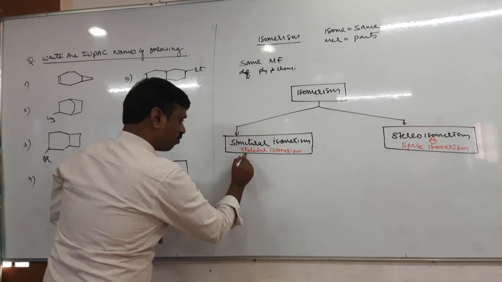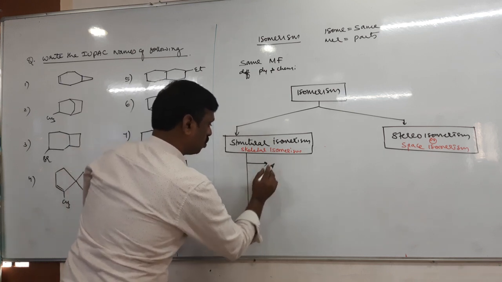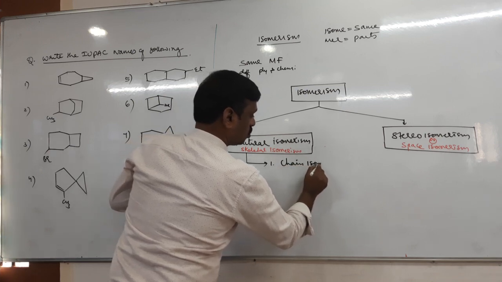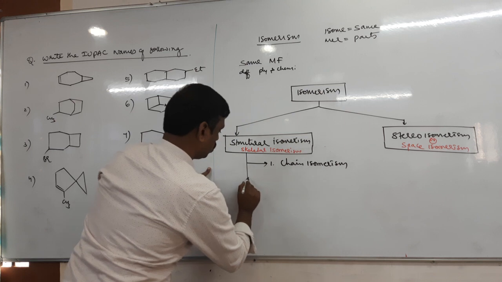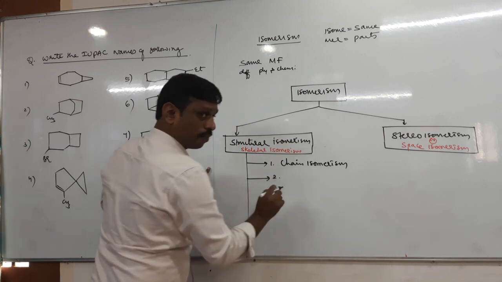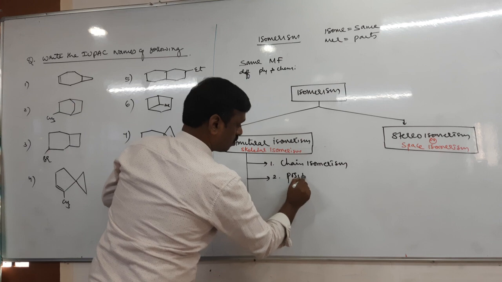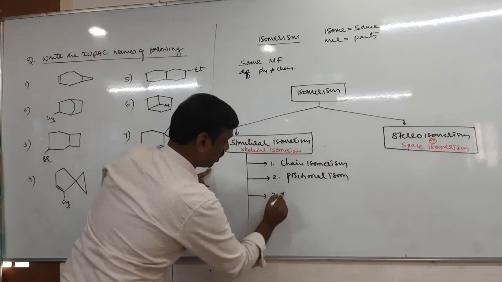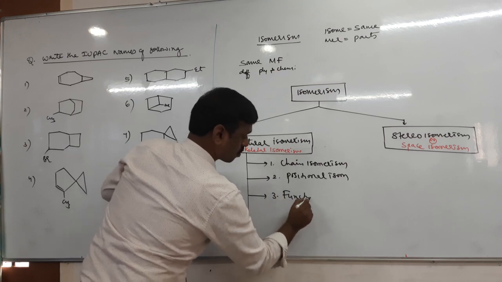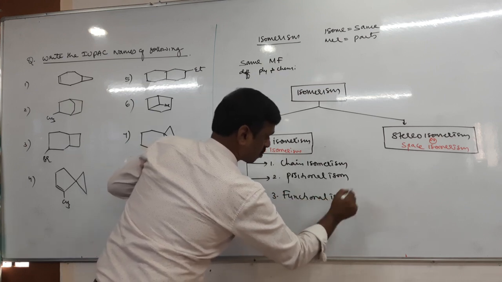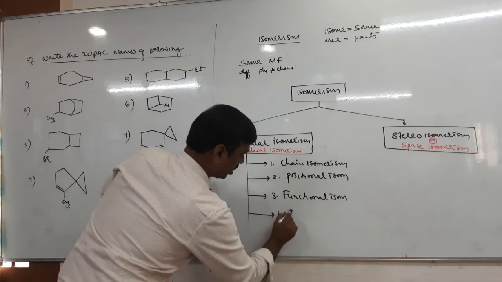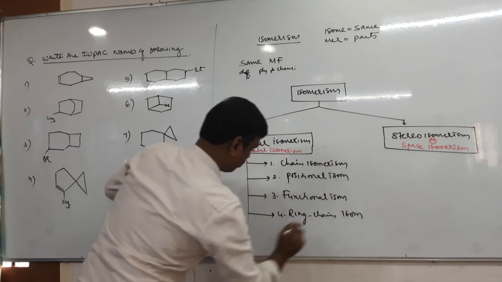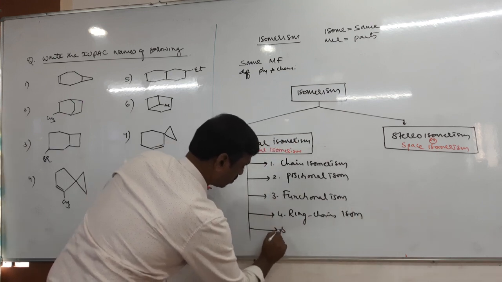Then structural isomerism is further classified into six types. One, chain isomerism. Two, positional isomerism. Three, functional isomerism. Four, ring chain isomerism. Five, metamerism.